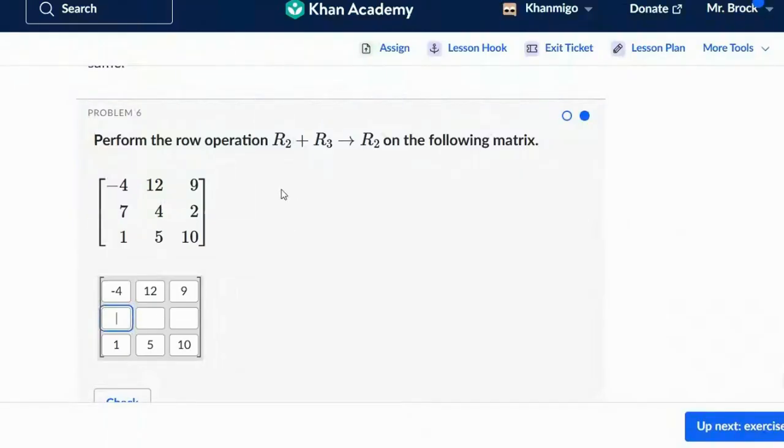Let's see. Row 2 plus row 3. Add those rows together. Those add together. All right.